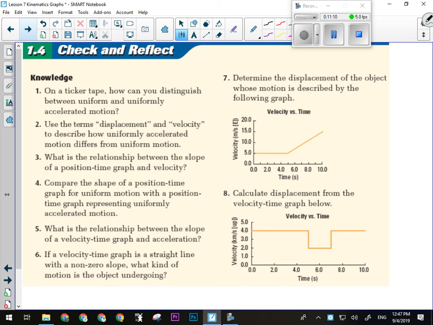The drips are constantly spaced. The drops would be the same distance apart. If it's accelerating, the drops would get farther apart. In the same way, the graphs of those 2 objects would look like this. Here's the constant velocity car, and then this would be the accelerating car. It goes further each second than it did the second before.